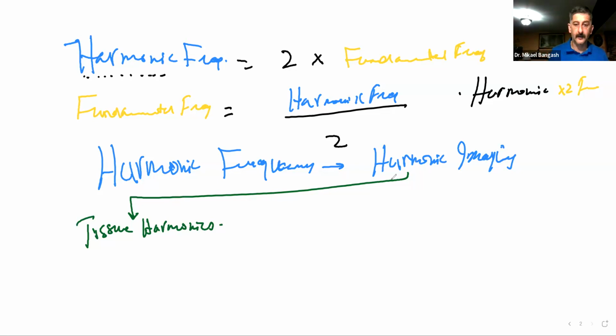But as far as harmonic imaging is concerned, there are two subtypes of harmonic imaging. One is tissue harmonics. The other one is contrast harmonics.